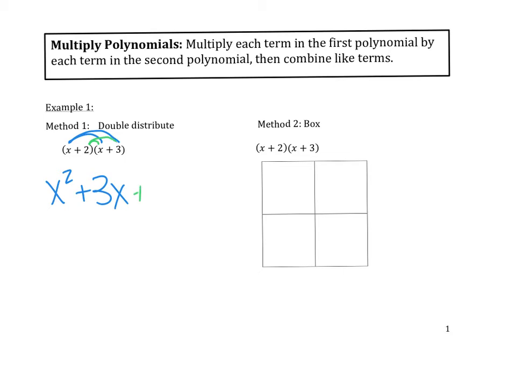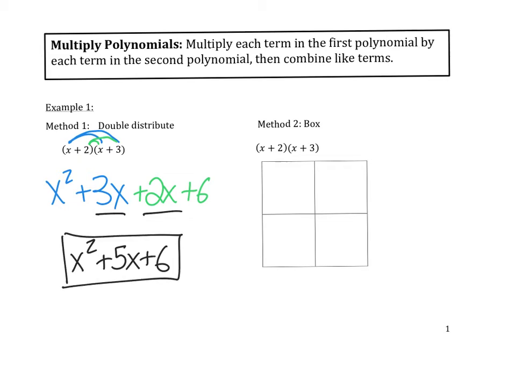When we distribute the 2, we get 2x from 2 times x, and we get 6 from 2 times 3. Then we combine the like terms that we see in the middle, and our answer is x squared plus 5x plus 6. I've distributed every term in the first binomial, or first parenthesis, by every term in the second parenthesis.